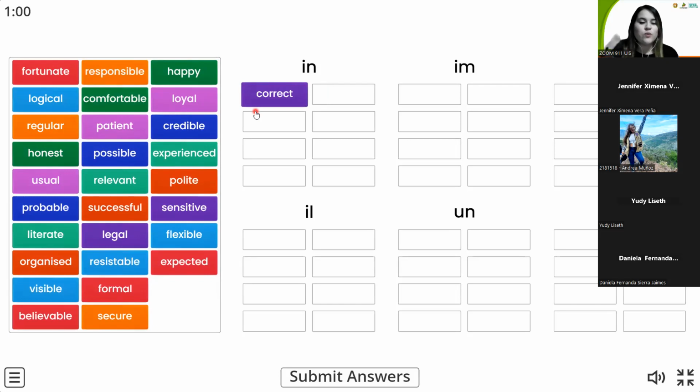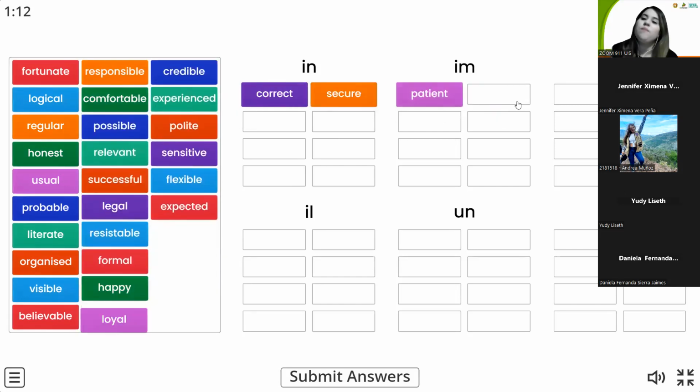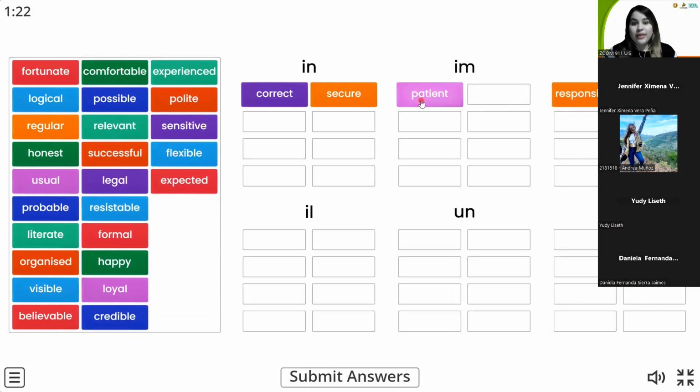So that is what you guys are going to do. For example, here, secure, insecure. Within we have patient, impatient, right? Here we have, for example, responsible, irresponsible, right? With these prefixes, we are forming the opposite.